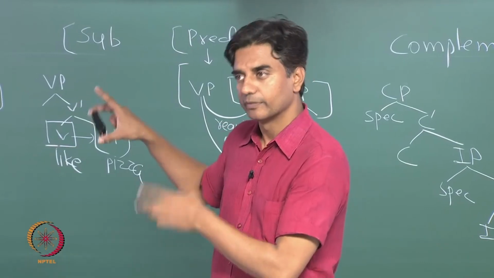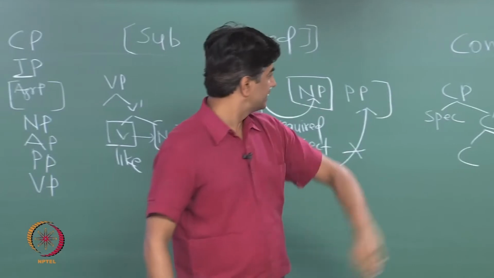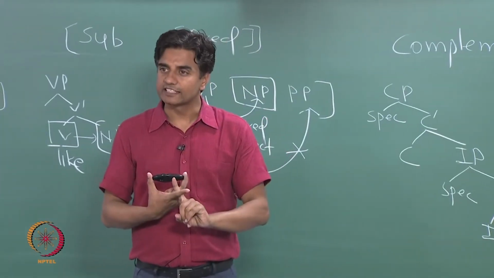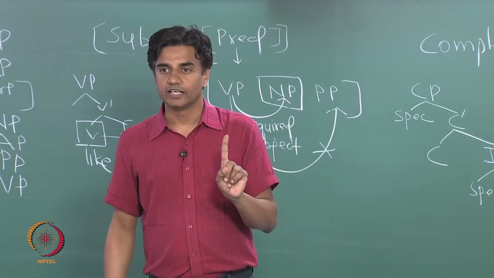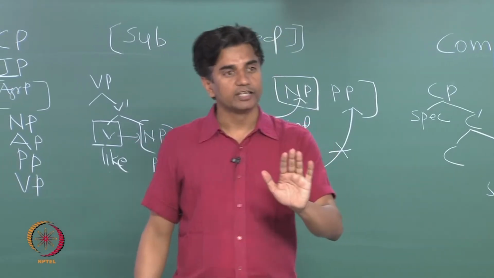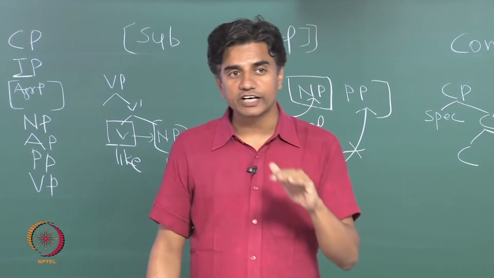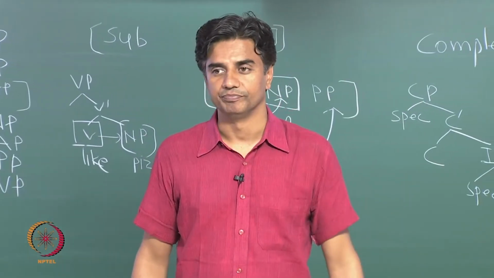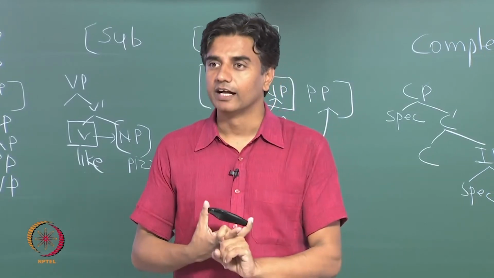Let me not spend more time on this. For the time being, I can simply say an interrogative sentence is not an IP. However, I can also say with the help of this CP now, an interrogative sentence is a CP.